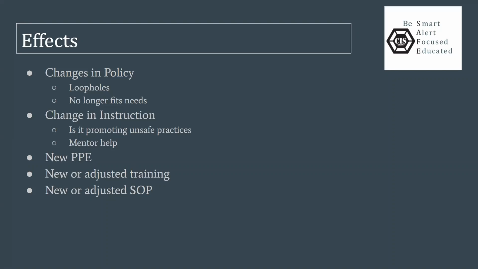A new or adjusted SOP: a lot of our new SOPs come from getting new equipment. Like, we got a new 3D printer, so we're going to write an SOP so everyone's using it correctly and safely. Or sometimes we realize the steps we are taking aren't really working for reducing injuries, so let's see if we adjust them somehow, that'll work.